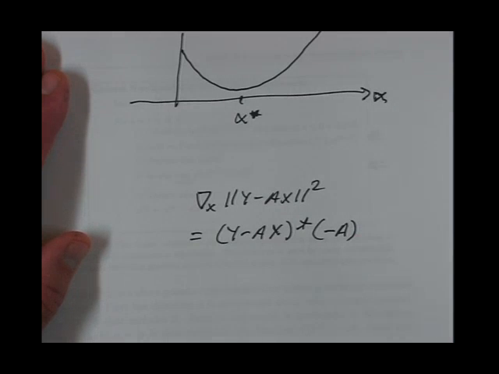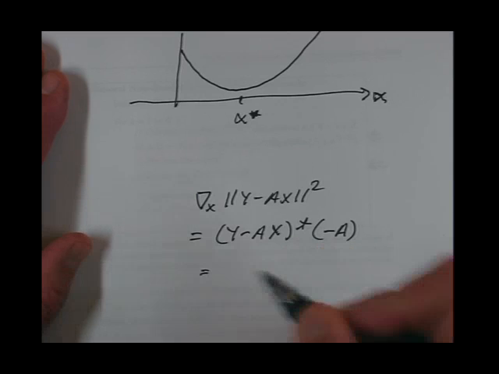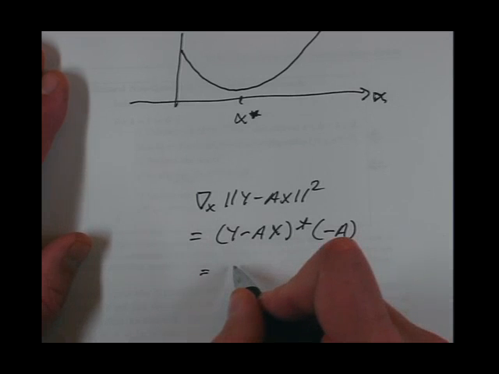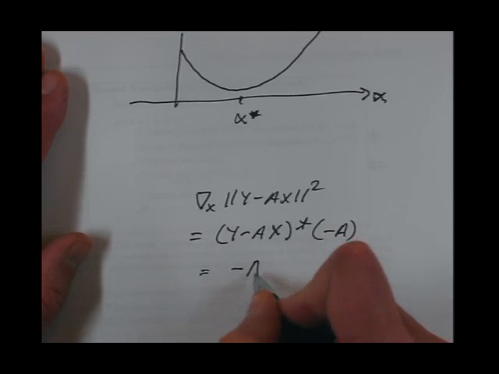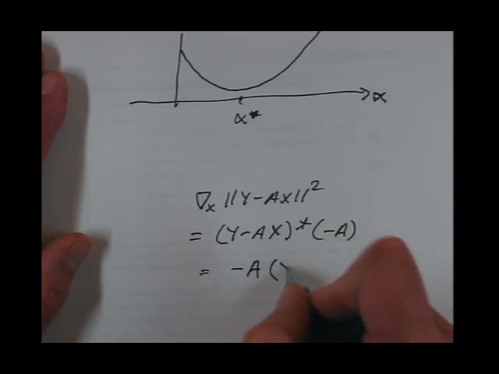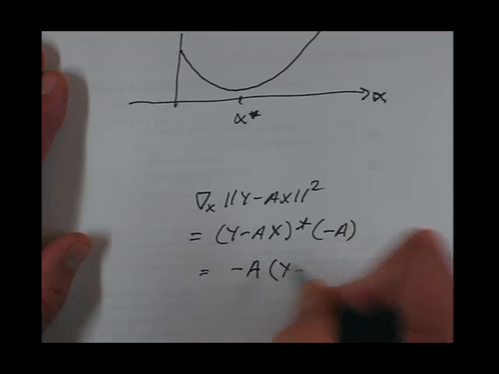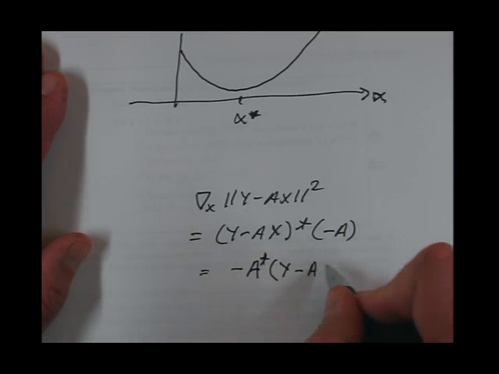So the computation here looks like the transpose of this is minus a times y minus a x.